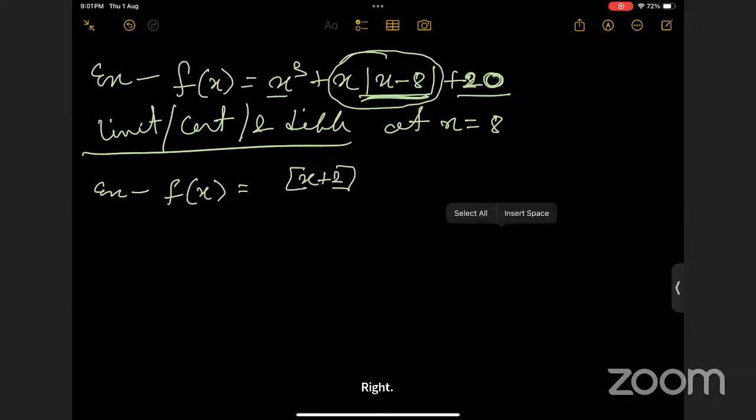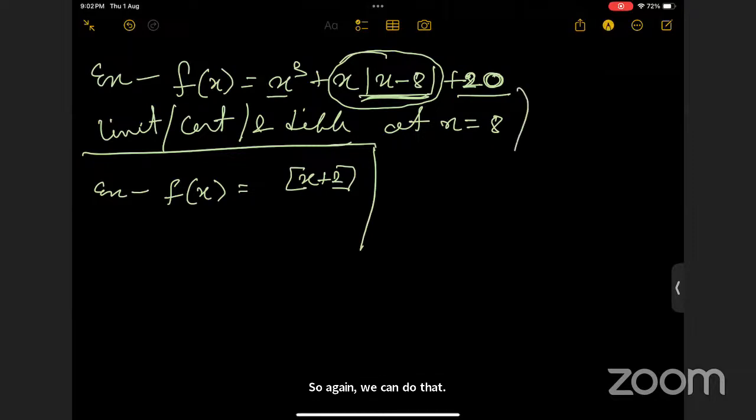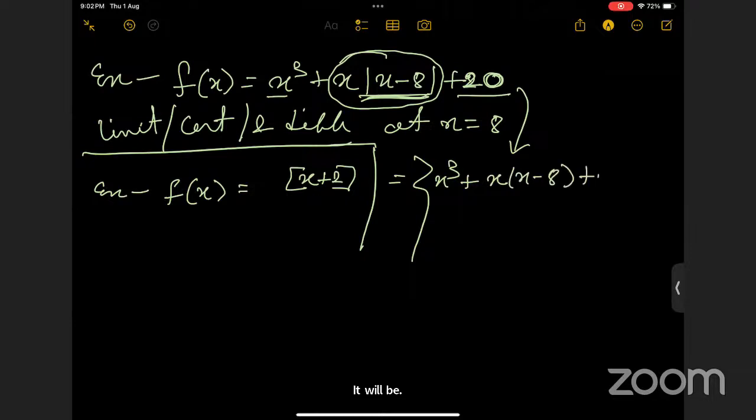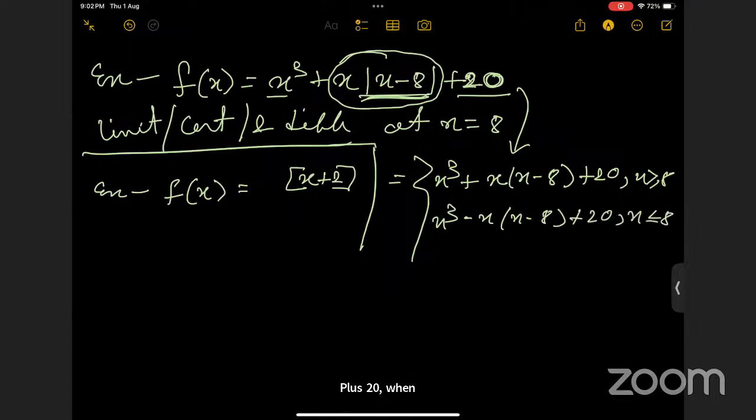So again, we can solve the problem. If we expand the function, it will be x cubed plus x minus 8 plus 20 when x is greater than or equal to 8, and x cubed minus x minus 8 plus 20 when x is less than or equal to 8, right?